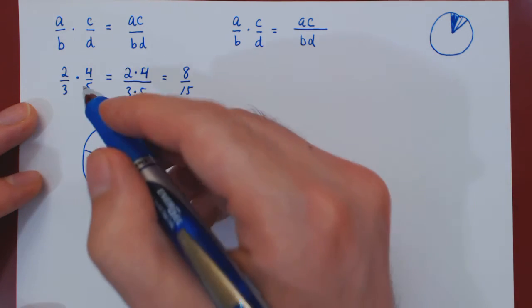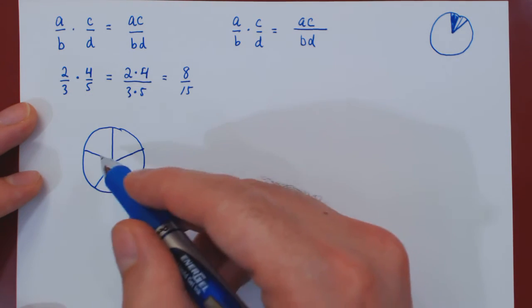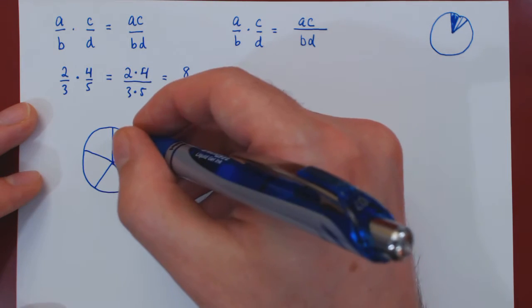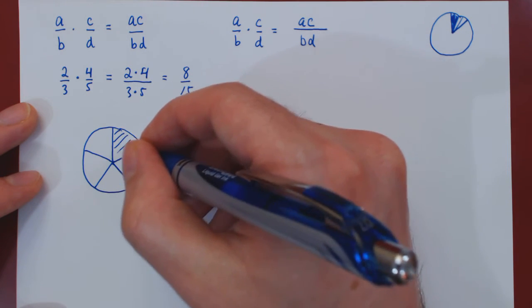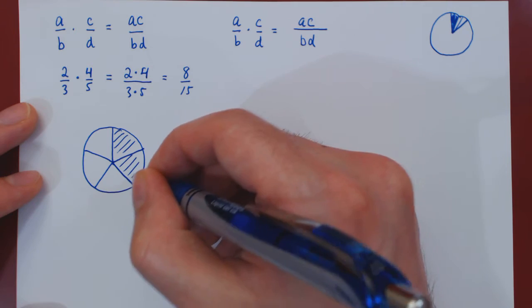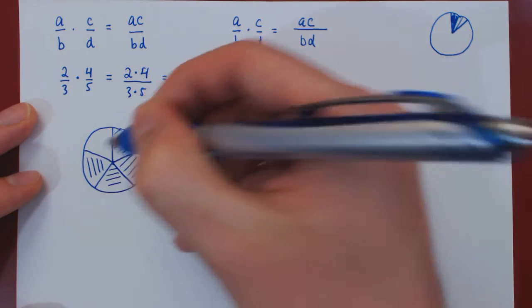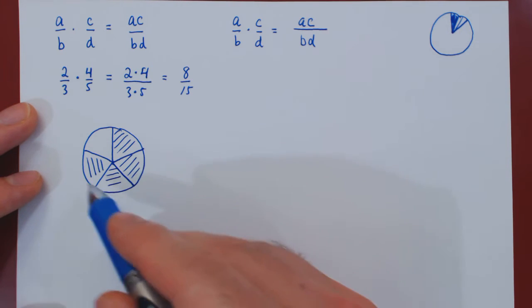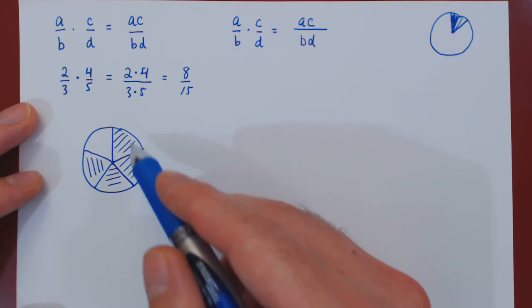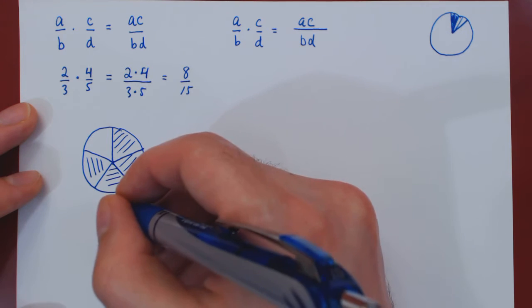And out of those 5 parts of equal size, we take 4 of them. So this is now 4/5: 4 parts out of a total number of 5 parts.